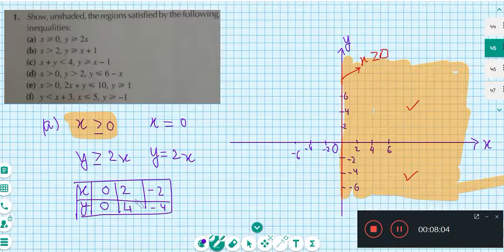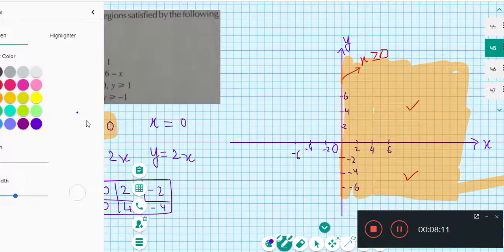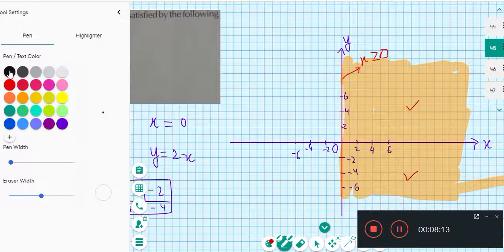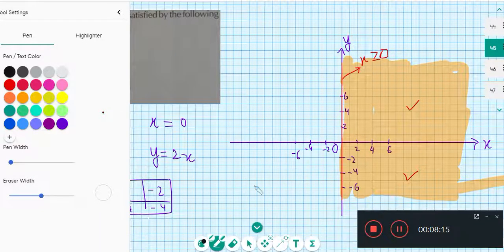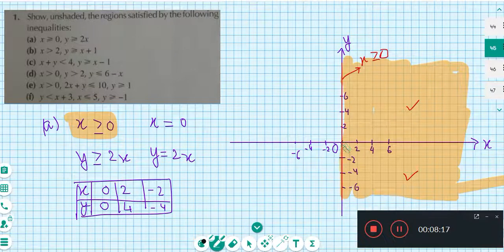So I'm plotting these points. The first point is 0, 0. The second point is 2, 4. The third point is negative 2 and negative 4. If we join these points, we have a straight line.